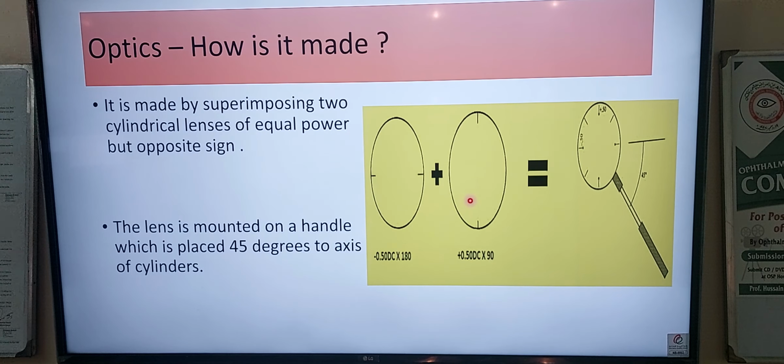Now, how is it made? It is made by superimposing two cylindrical lenses of equal power but opposite sign. The lens is mounted on a handle which is placed at 45 degrees to the axis of the cylinders. The axes marked on the lens are axes of no power.